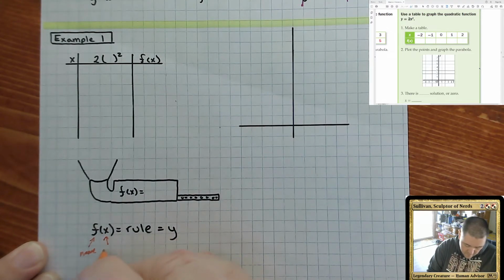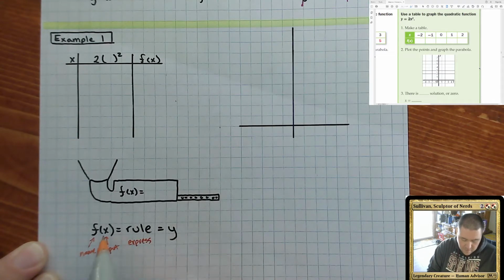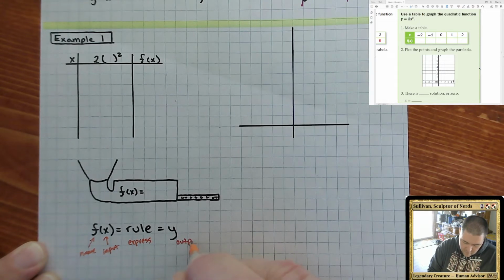This tells me my input to the function, and then it gives me a rule. So this will be an expression, and it tells me if this is x, this is a bunch of stuff with x. If I say find f of 5, put a 5 into the rule, and when I do that, I'll get out a y, which is my output.